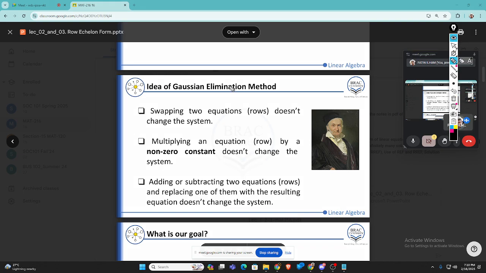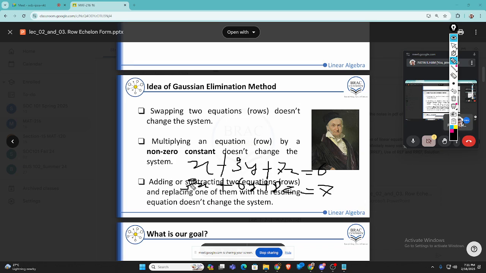It means that, like, you have x plus 3y plus 7z equals 6, right? And then you have 3x plus 6y plus 8z equals 7.